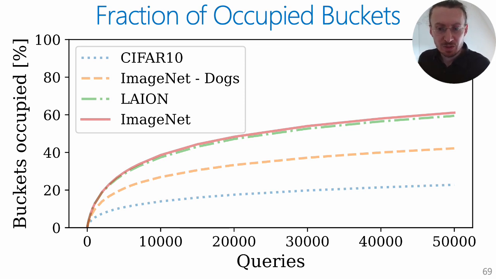In this case, the legitimate users would behave as the ones who query with CIFAR10 or with dog classes from ImageNet, whereas the attacker would use ImageNet or Lion to steal the whole encoder. And this gap between simple queries like CIFAR10 or queries that just cover dogs, versus complex queries from the whole dataset like Lion, this gap in the number of occupied buckets helps us to distinguish between attackers and legitimate users.